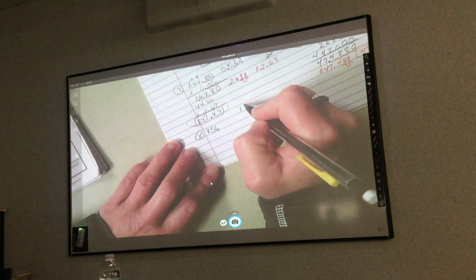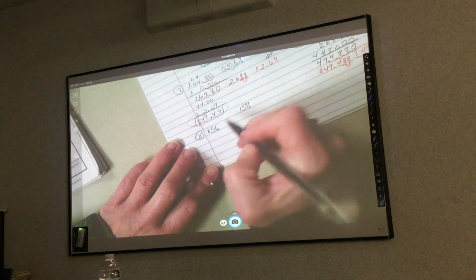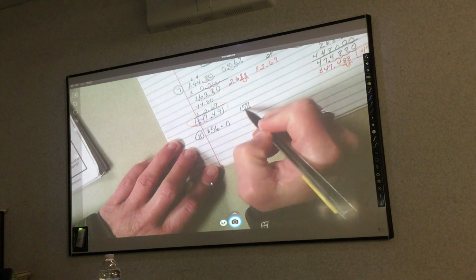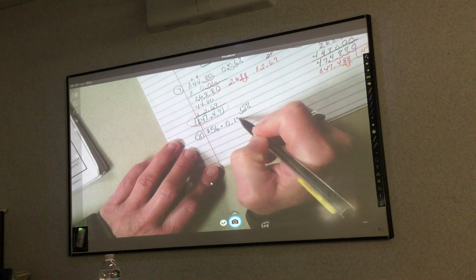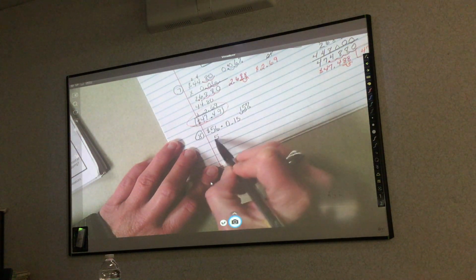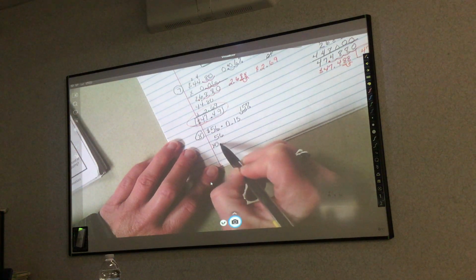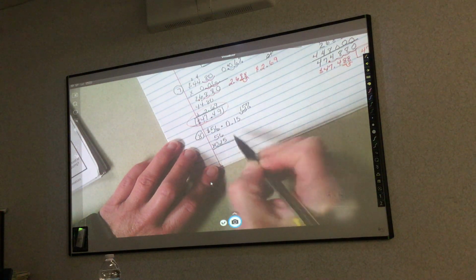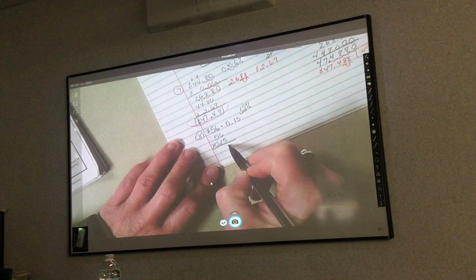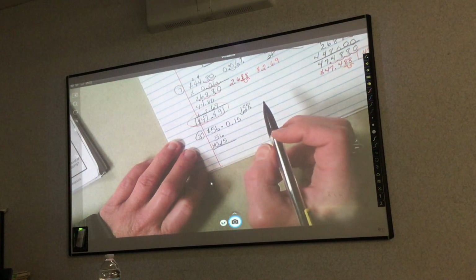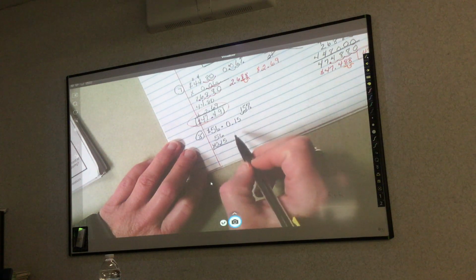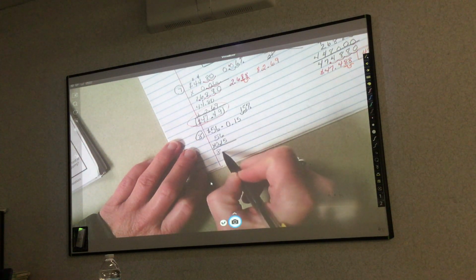How do I change 15% to a decimal? Move it 1, 2. So it's 0.15. Better line them up and down. After I get through all of my multiplication, it is $8.40.